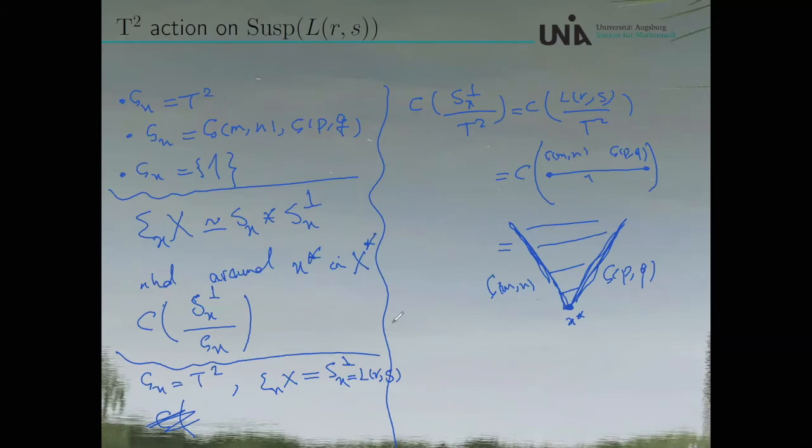And you can easily see from the action, assume this is the suspension of the length space. Since the action is layer-wise, and on each layer we have a cohomogeneity 1 action, then the orbit space is a disk.